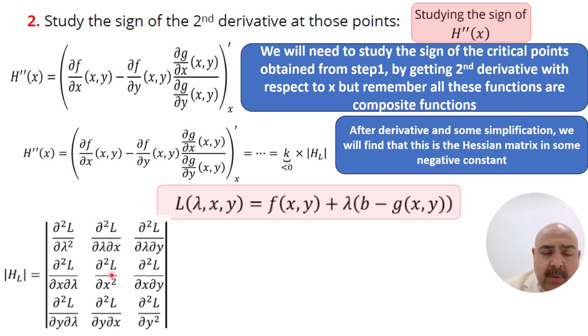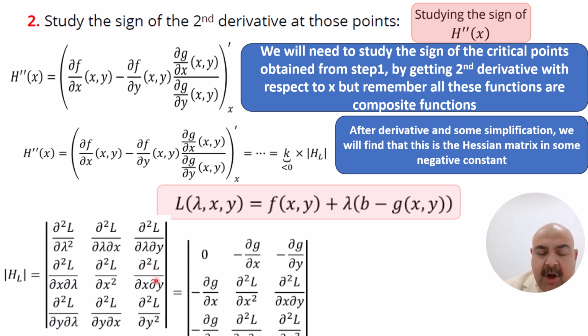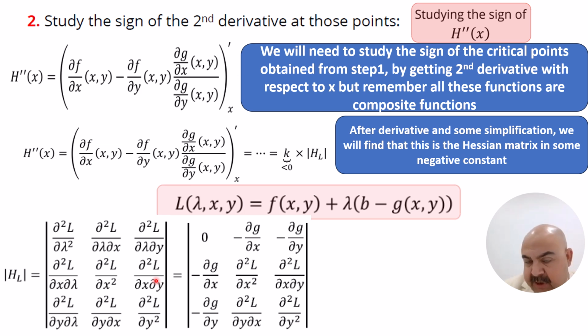And then we will differentiate the Lagrangian 2 times with respect to x, and the mixed derivative with respect to x and y with the similar definition. Of course, once you do so, we will have this relation in front of you. That's the partial derivative of the constraint in all cases with respect to x. That's the partial derivative of the constraint with respect to y.